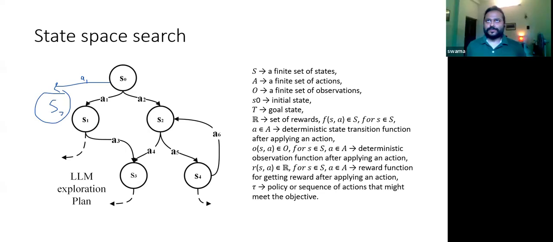Yeah. So basically, here the state information is encoded in such a way. Let's say a glass of water is there in the kitchen. Now you did some action, you took the glass of water and kept it in the living room.